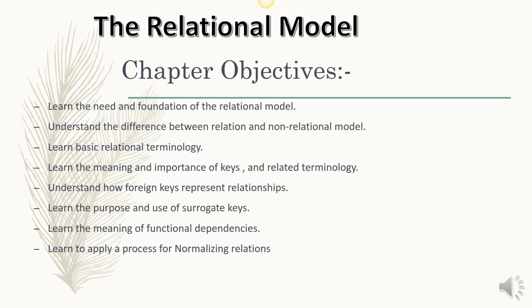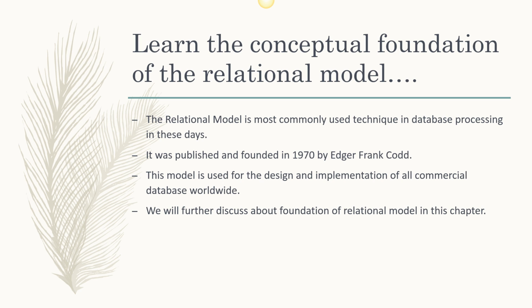In this chapter we have to learn the need and foundation of the model, understand the difference between relational and non-relational models, learn basic relational terminology, learn the meaning and importance of keys and related terminology, understand how a foreign key represents relationships, learn the purpose and use of surrogate keys, learn the meaning of functional dependencies, learn to apply the process of normalization, and learn the conceptual foundation of the relational model.